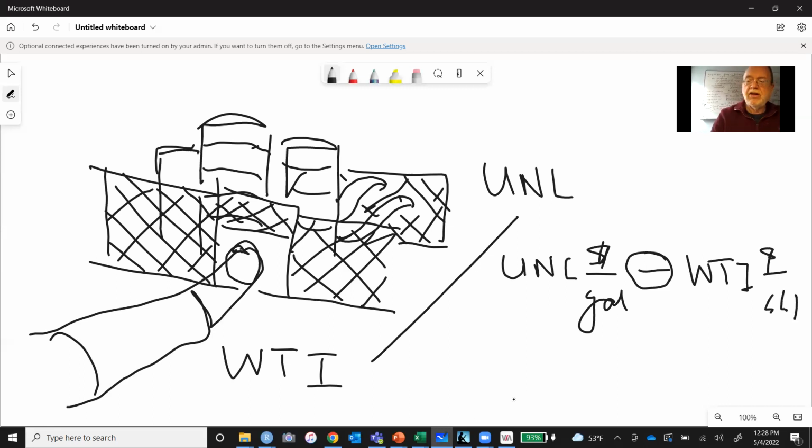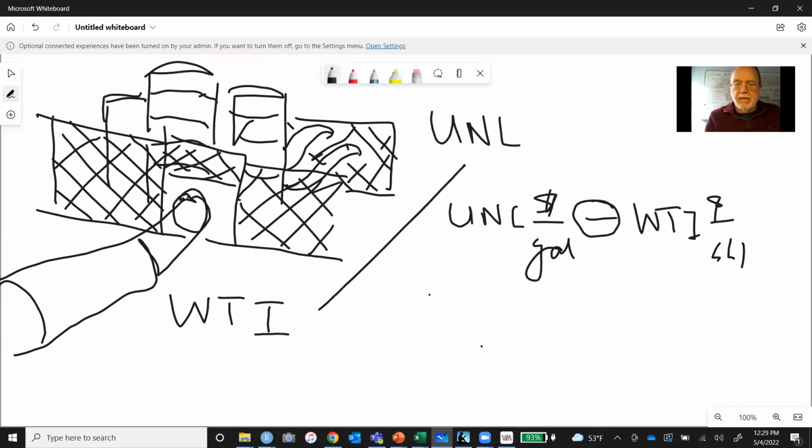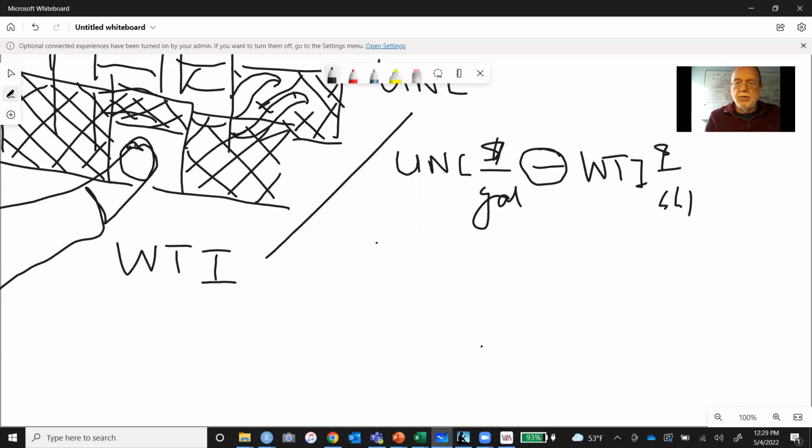Our first measurement task, BBL for barrel, is, well, we can't compare gallons and barrels directly. That's not a possibility. So what are we going to do? We need to convert UNL into dollars per barrel.